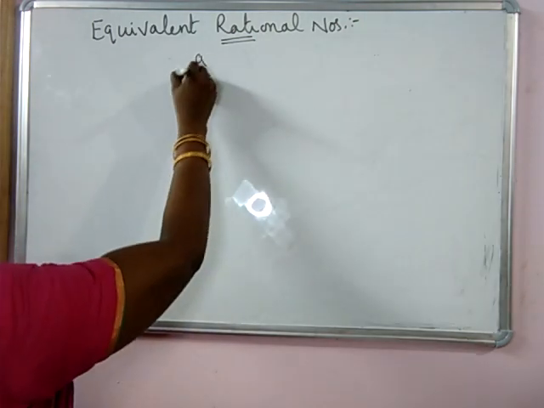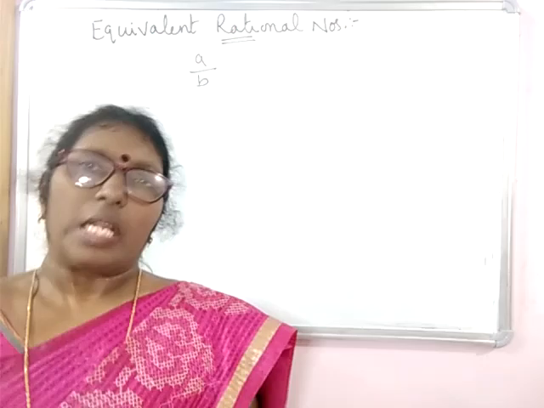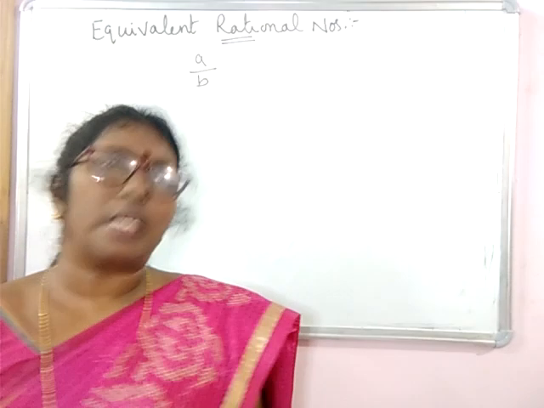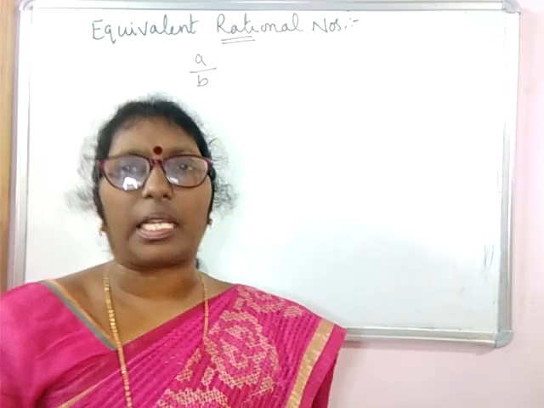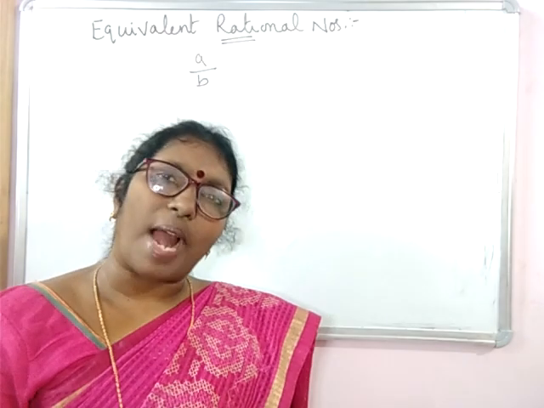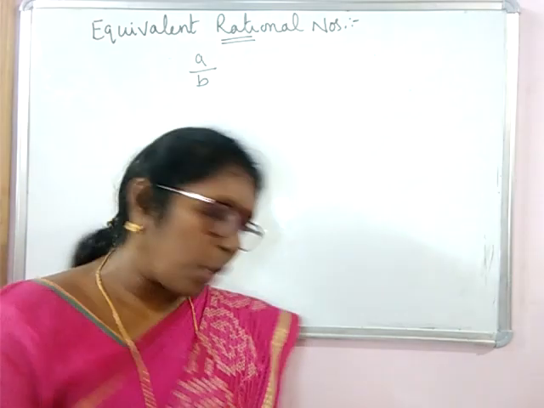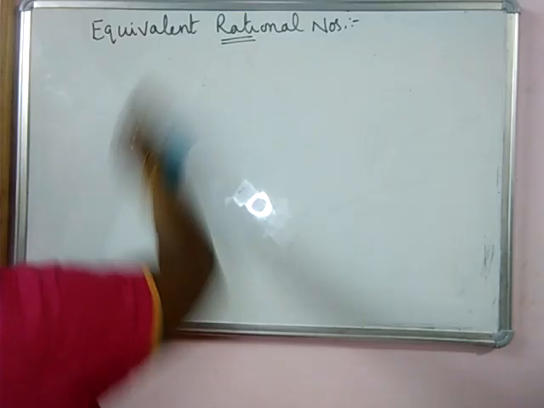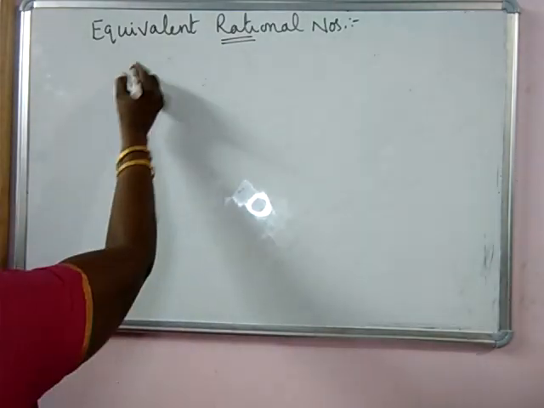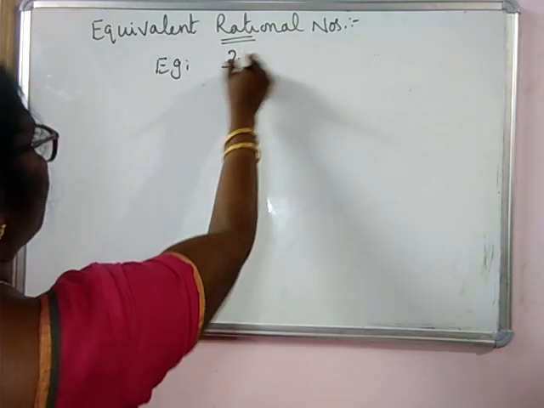If A by B is a rational number, if you want to have the equivalent rational number, multiply both numerator and denominator by the same number, or divide both the numerator and denominator by the same number. Let me give you an example. 2 by 5.